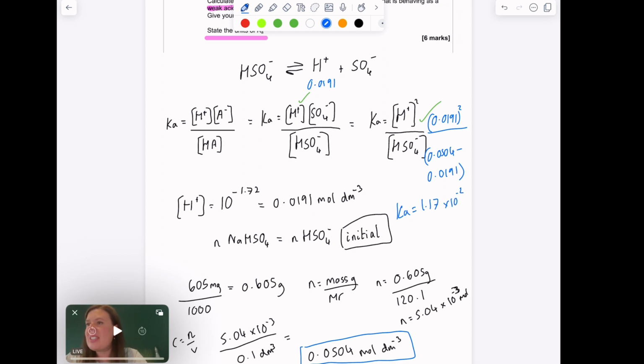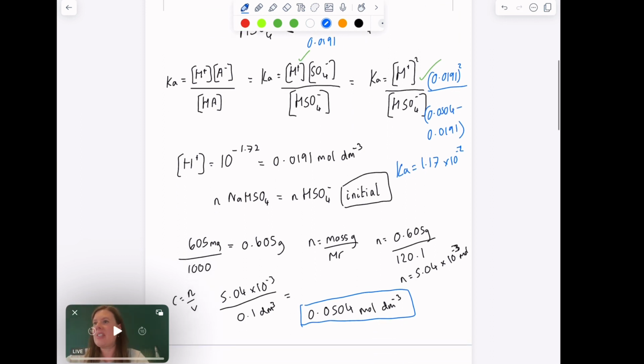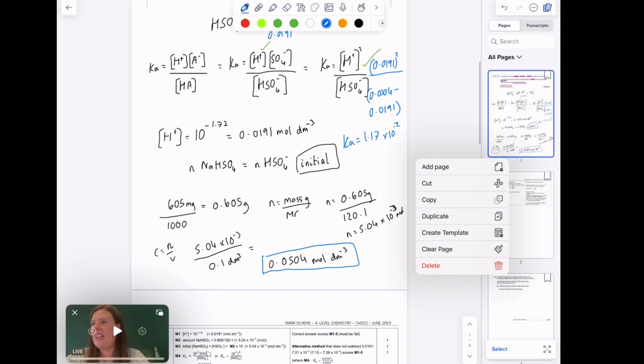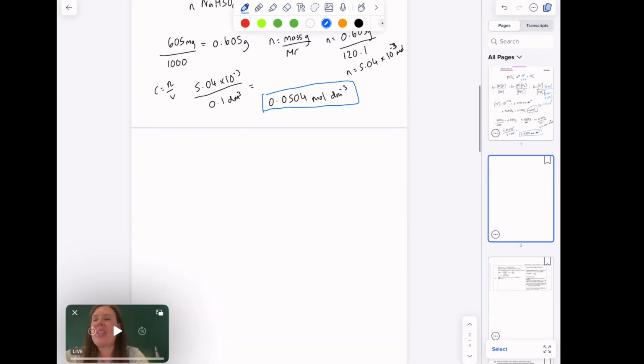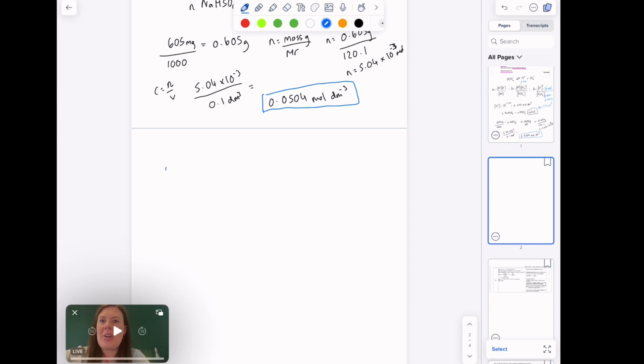And our final thing is to calculate the units. So how we're going to work out the units, I'm going to add another page now. If we think about our Ka expression, we had our hydrogen ion concentration squared over our concentration of our hydrogen sulfate ion. So our units would be moles per dm cubed, but it's squared, so we're timesing those together on the top.